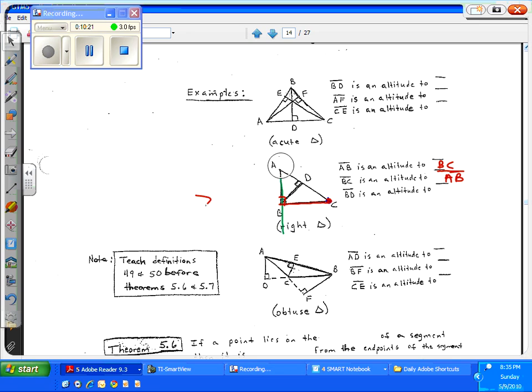Now, if we were going to draw the altitude from B, then we would have to draw the line containing the side opposite. The side opposite is the hypotenuse. From the vertex perpendicular to the line containing the opposite side would be BD. So BD is the altitude drawn to the hypotenuse AC.